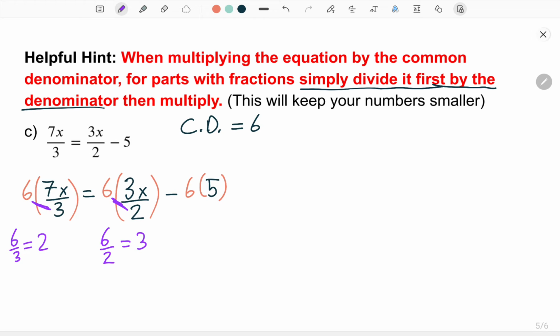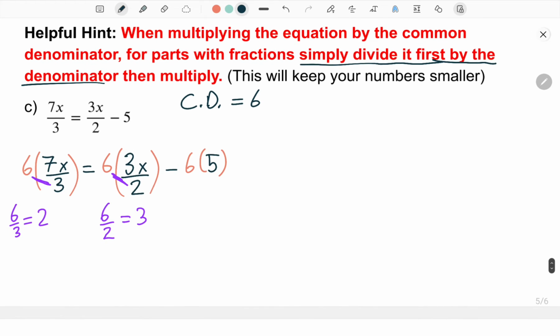And so what we can do, by looking at that, we can actually simplify this to 2 times 7x equals 3 times 3x minus, well, 6 times 5. We can just leave that as is.